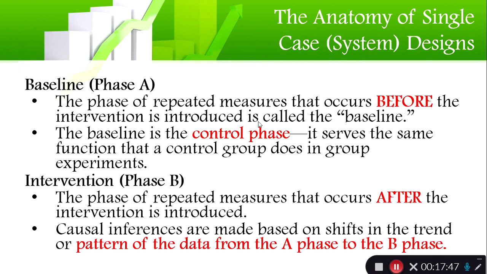And then we have our phase B, or our intervention phase. This is the phase of repeated measures that occurs after the intervention is introduced. Causal inferences are made based on shifts in the trend or pattern of the data from the A phase to the B phase.